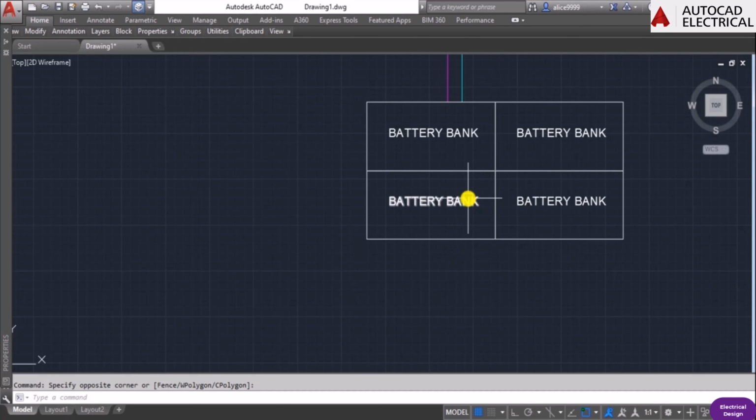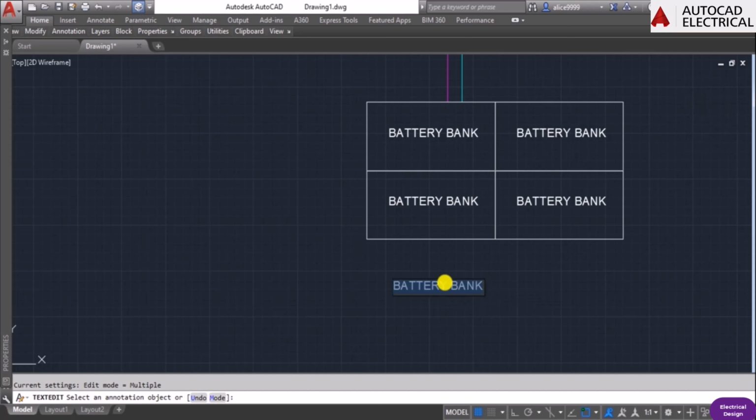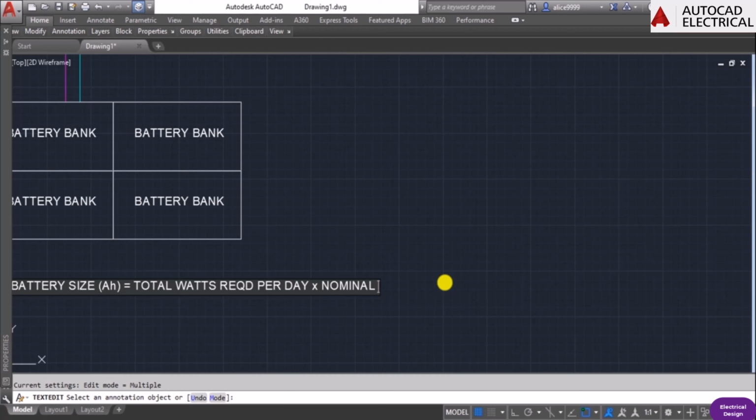To calculate the battery size, there is a formula. For example, battery size, or the battery capacity in ampere hours, is equal to the total watts required per day by the appliances, divided by the nominal battery voltage.